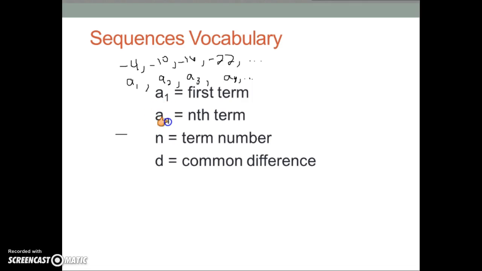So we'd be looking for a sub 8 to find that 8th term. And d we already know. D we know is the common difference. So when looking at a sequence, if we can identify these parts, we can come up with what's called an explicit rule of a sequence and figure out what that unknown value would be.